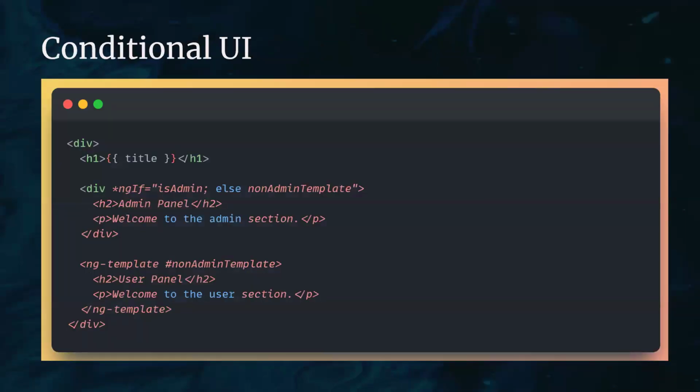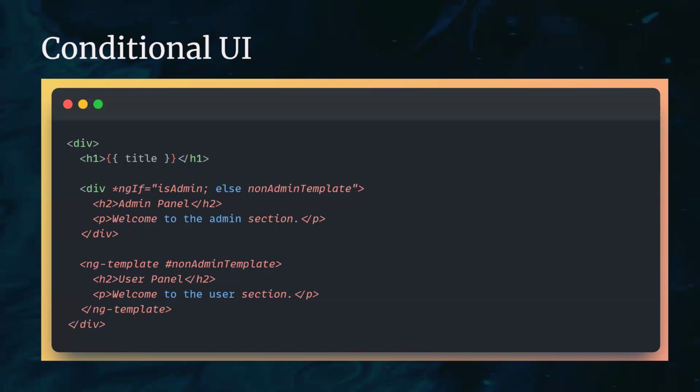So as I said before, you don't need to be specialized in AI to know about conditional UI or generative UI. I'll take this simple code snippet. It's Angular code that uses ngIf to conditionally render different views.